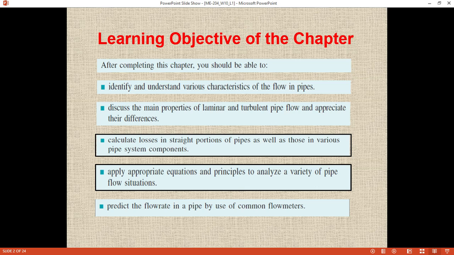So far we have already derived the equation for the pressure loss in the straight pipe, so up to here we have covered, and also a part of this learning objective. Let's see what topics we are going to cover today to achieve this learning objective.